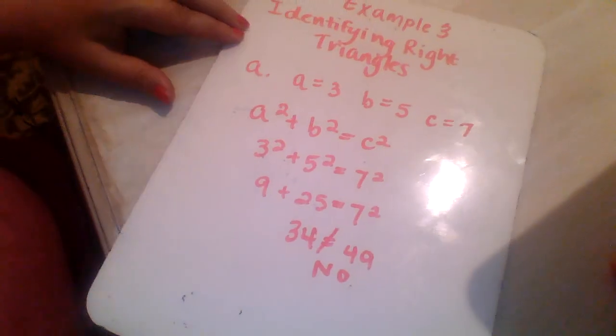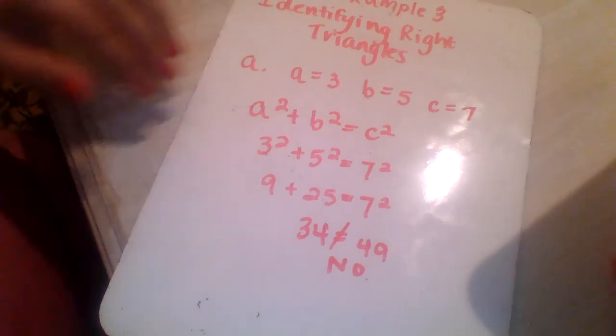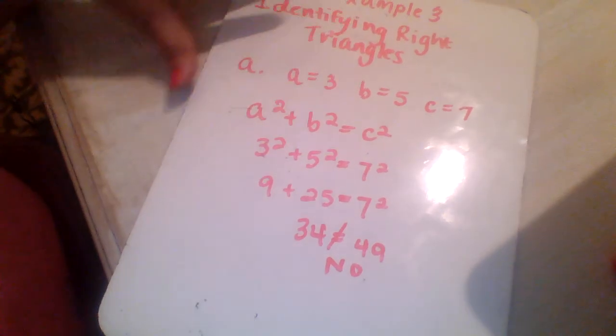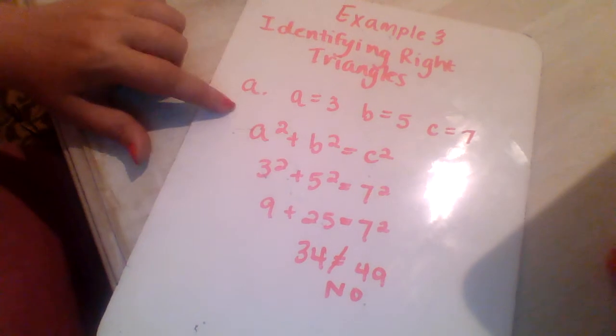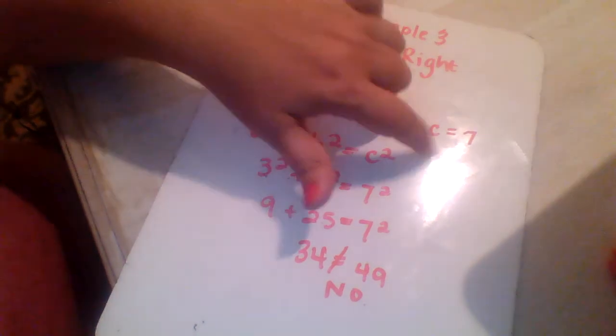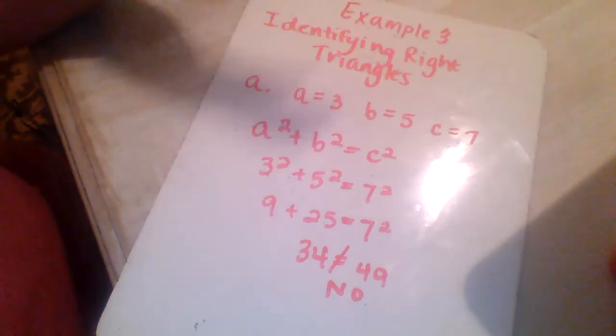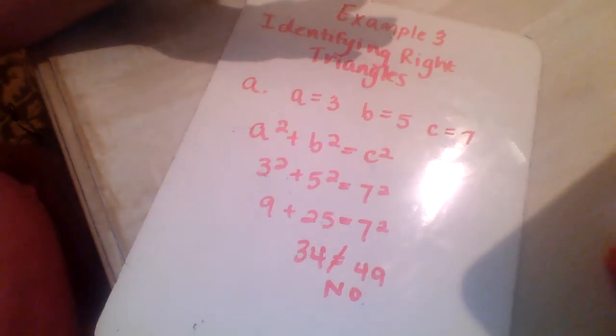Okay, and then lastly, for our third example, we're going to identify, if we are given all of our sides, whether it is a right triangle. So what does this mean? If we are given an a, a b, and a c, so we're given the legs and a hypotenuse, does this make a right triangle?